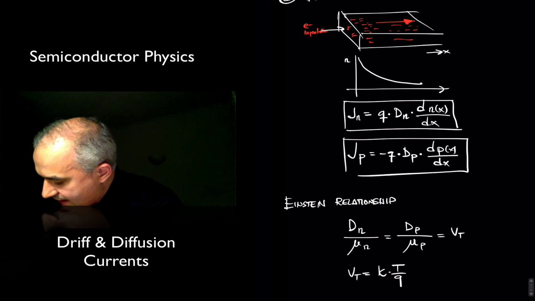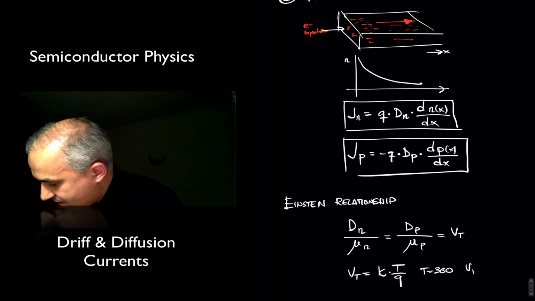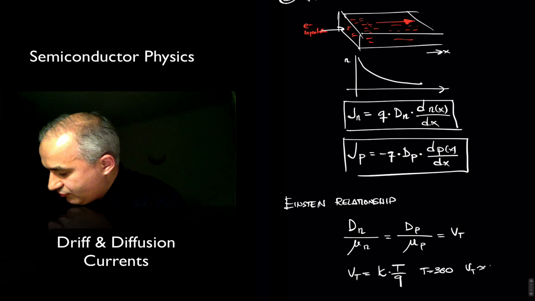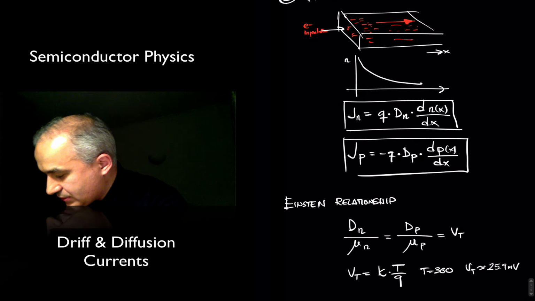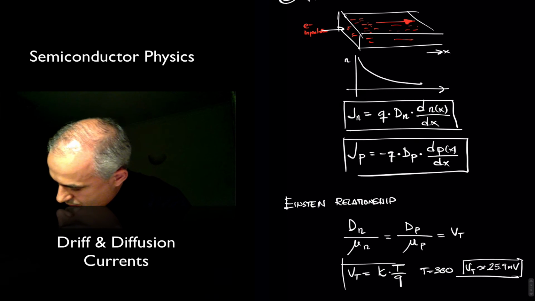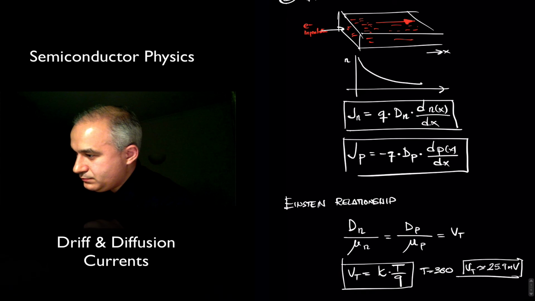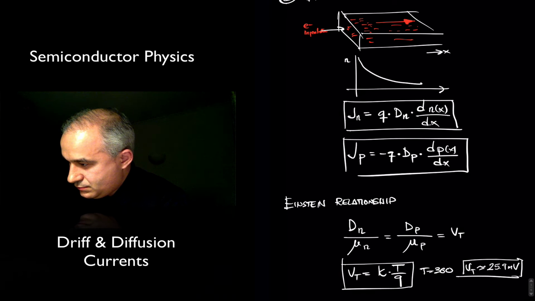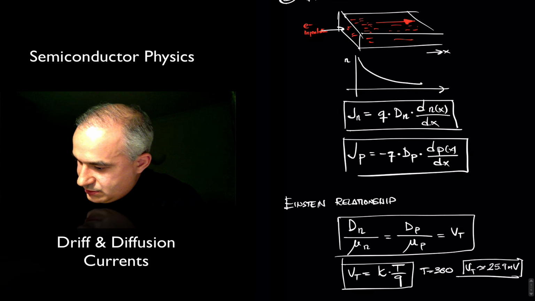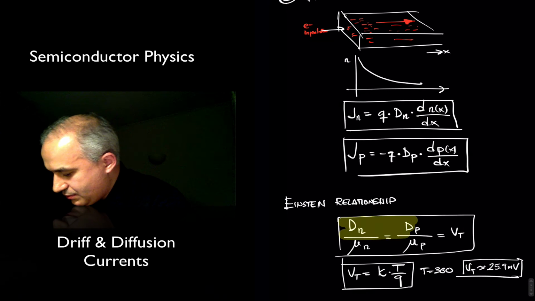And if we plug in T equals 300 K at room temperature, the thermal voltage, which we will encounter a lot in electronics, is 25.9 millivolts. So this is an important equation here.